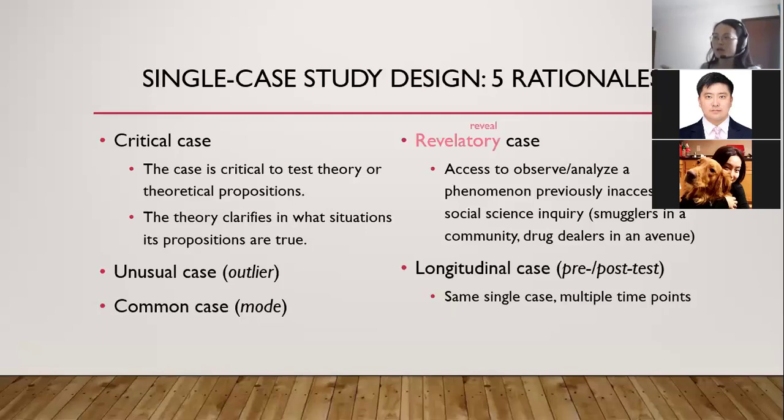For instance, suddenly you develop a very good relationship with these smugglers in a community, or you get to know the mother of drug dealers and she agreed to help you to study drug dealers in an avenue. So that will be a revelatory case. So there are in total 5 rationales for you to understand the differences between cases and how to select them and what kind of case you are facing.